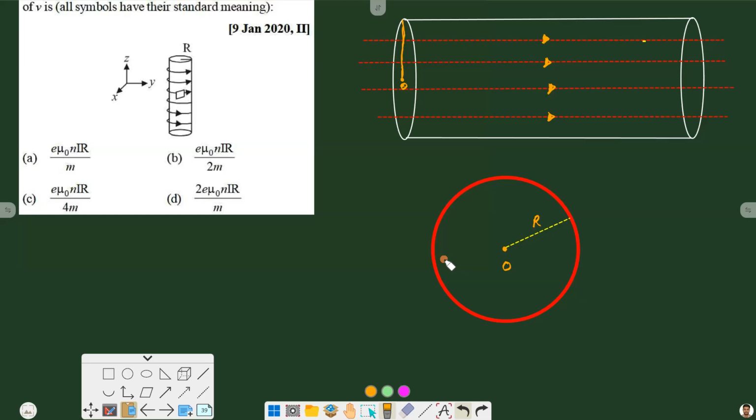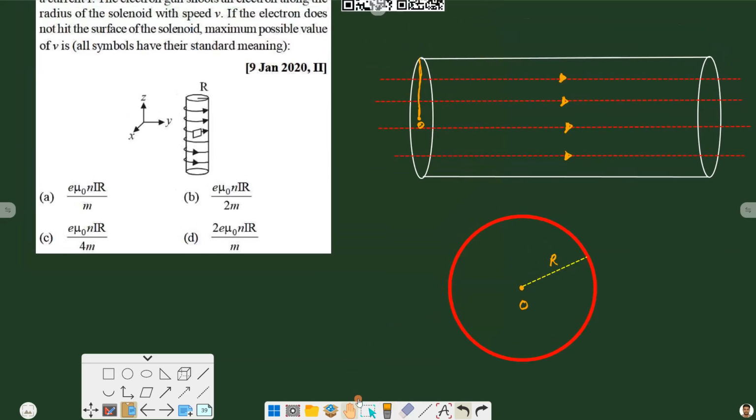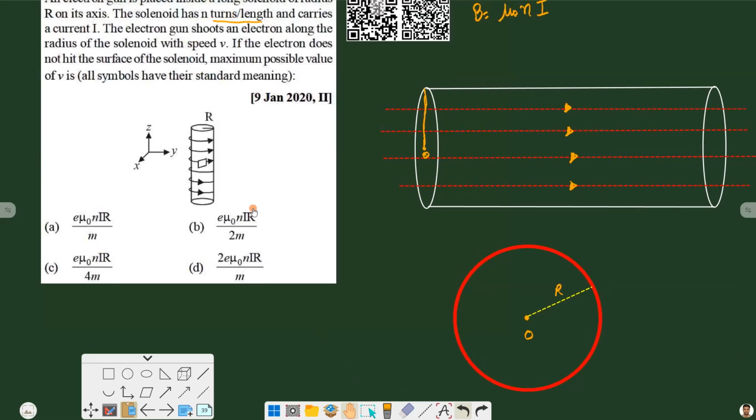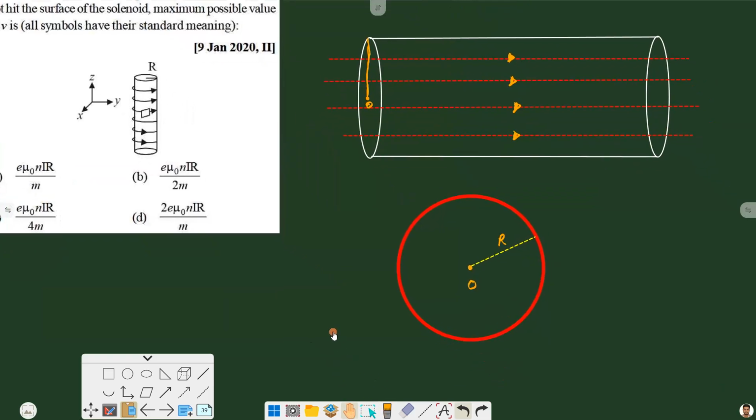Now we have to project an electron here such that it does not hit any surface of the solenoid, and we have to make the velocity maximum possible. So what we can do, we have to assume some points here.